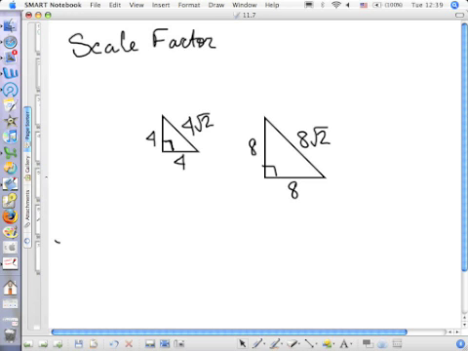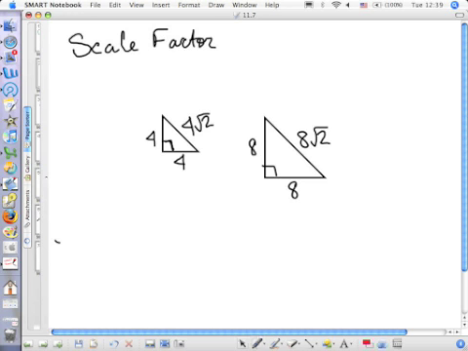Here, these two right triangles are similar. You can find the scale factor by simply comparing two corresponding parts. For instance, I could compare hypotenuse to hypotenuse, or vertical leg to vertical leg, or horizontal leg to horizontal leg. But in each case, what do you get?